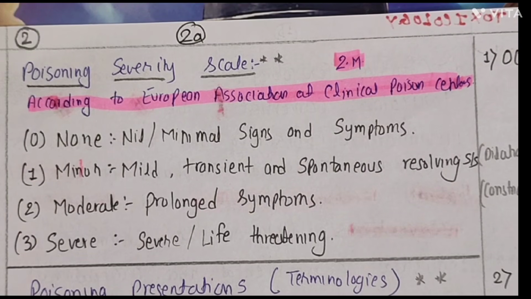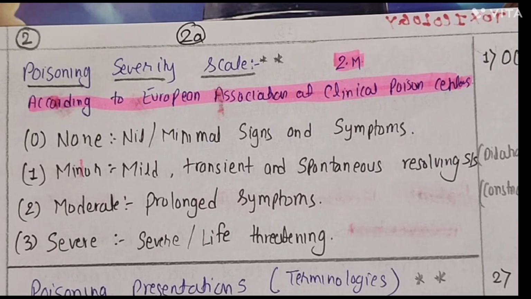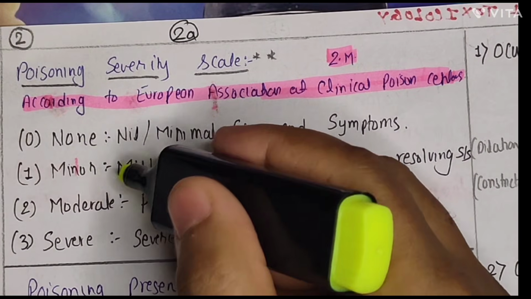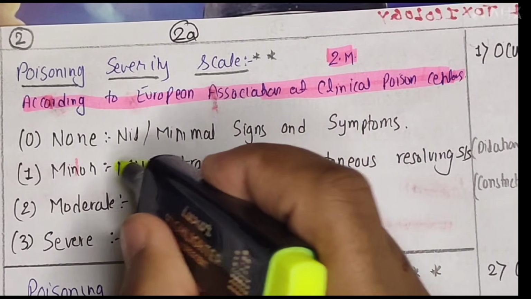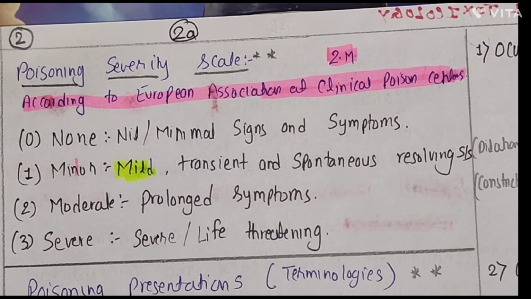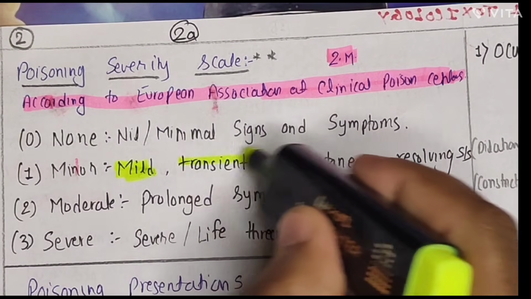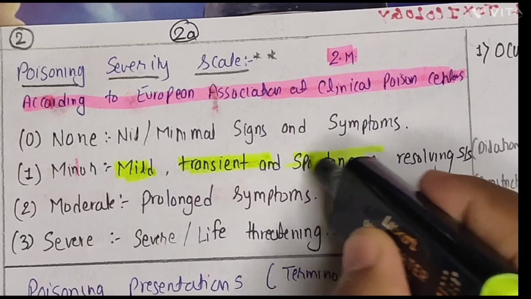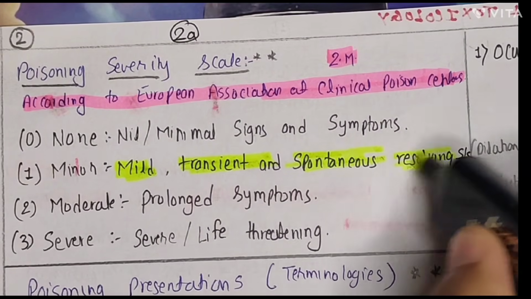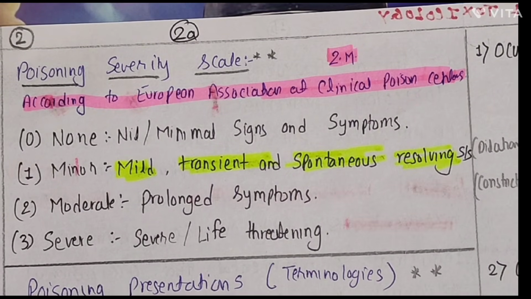Practically, he is not having any signs and symptoms. Then in 1 score, or minor condition, the symptoms are very mild. बहुत कम symptoms हैं, and they are transient or resolve spontaneously. Some symptoms appeared, but without any intervention, after some time these signs and symptoms automatically got resolved.